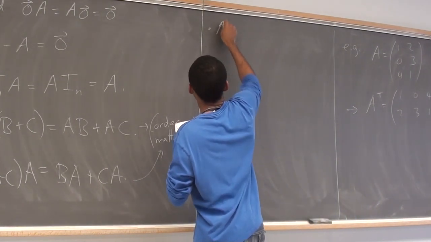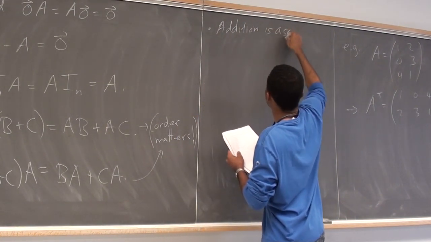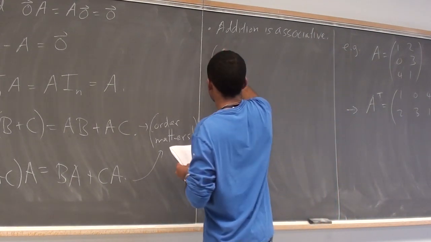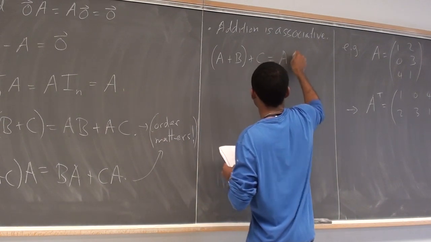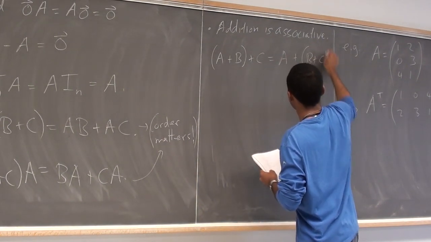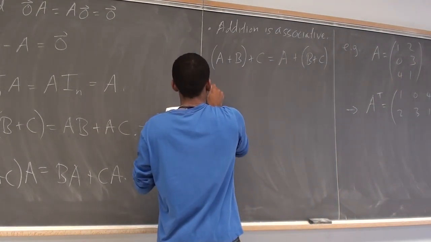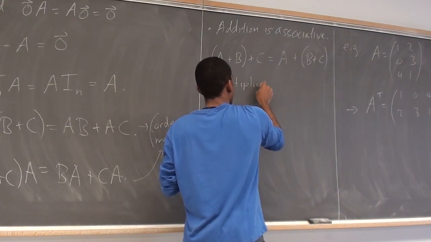Addition is associative, which means you can move brackets. So A plus B plus C is the same however you group it. Multiplication is not commutative, but it is associative.